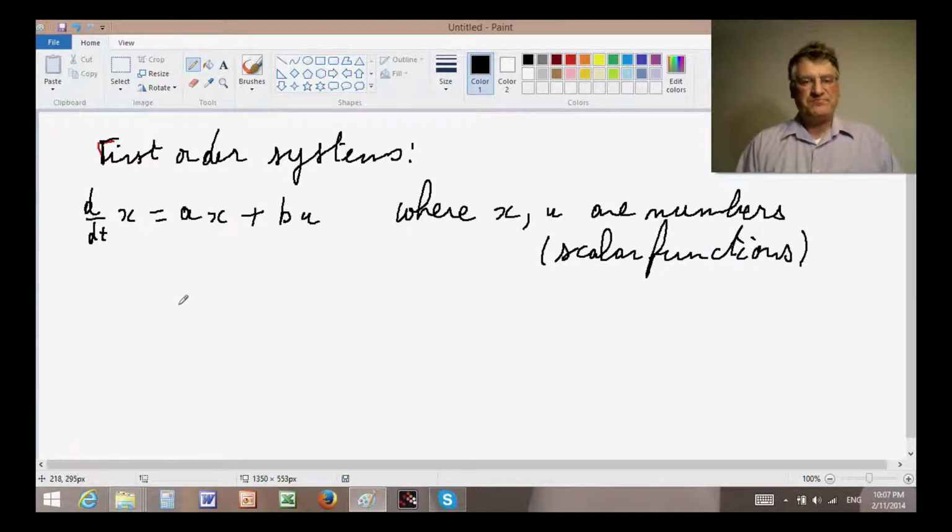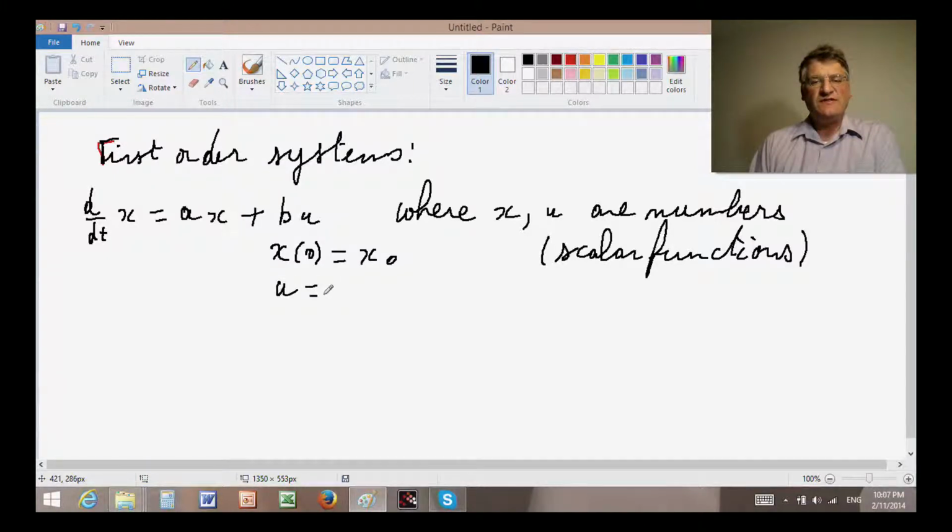And we have already seen what these systems look like. For example, if I have a certain condition x(0) equal to x0 and u equal to 0, then we know that x(t) will be equal to e^(at) times x0.